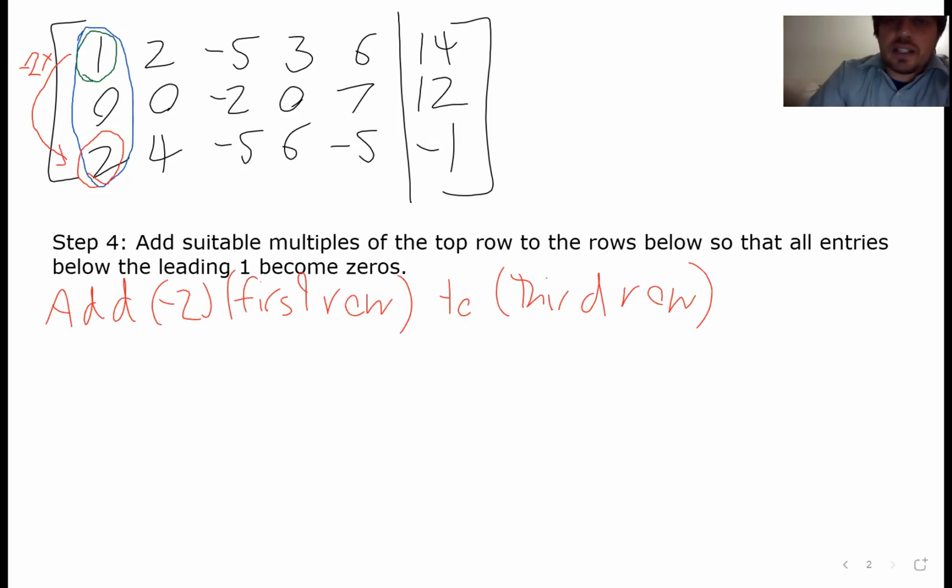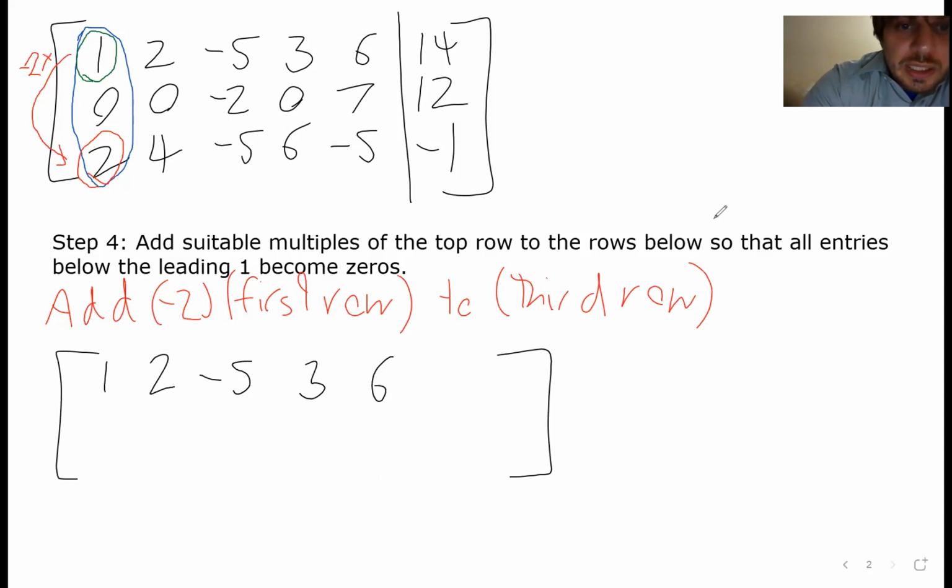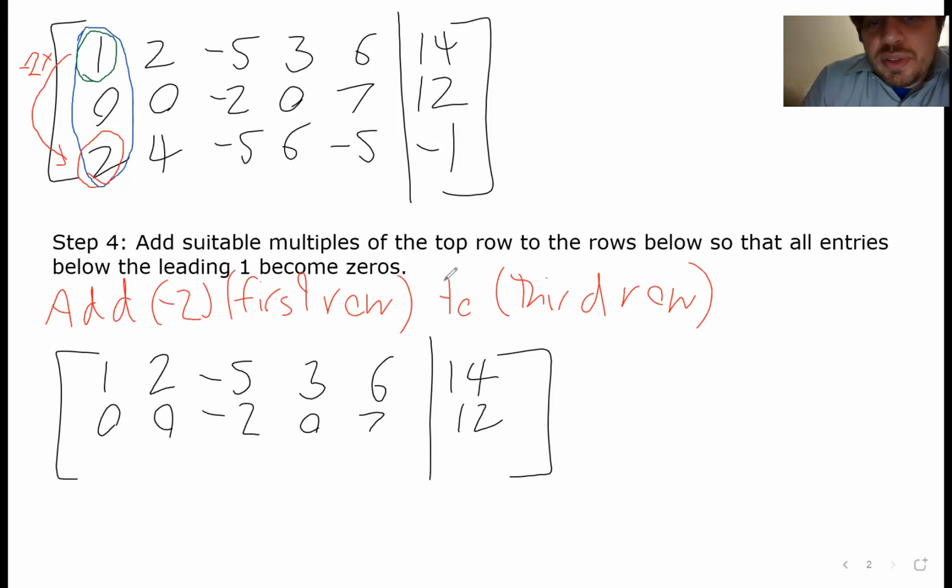And then what we get is the result of that. The first row stays the same. The second row stays the same. Since we're adding -2 times the first row to the third row, it's the third row that changes.